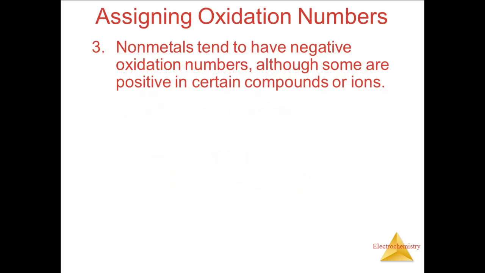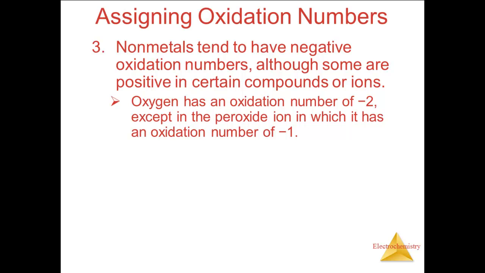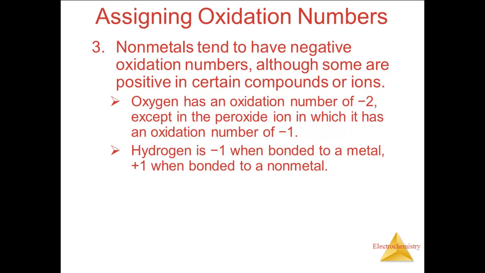Rule 3. If two nonmetals are bonded, the more electronegative element is given the electrons. If the two atoms are identical, the electrons are split evenly between the two. This means that nonmetals usually have negative oxidation numbers, though some can be positive in certain situations. Two particular ones to remember, because they often occur in compounds, are oxygen is usually -2, and hydrogen is usually +1.